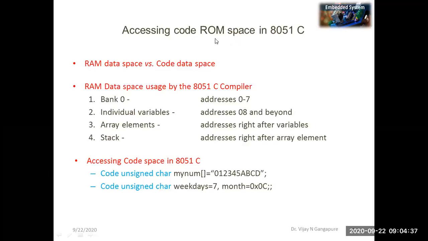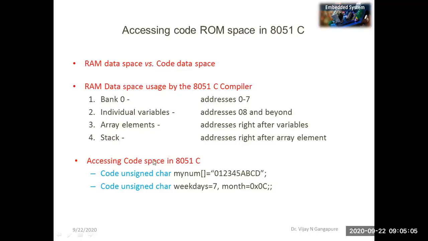But along with this program or code, we can also utilize the remaining code or program ROM space to store some data permanently, which is useful while executing your program. That means that data will be accessed by the program written in that program ROM or code ROM. Okay, that is the meaning.